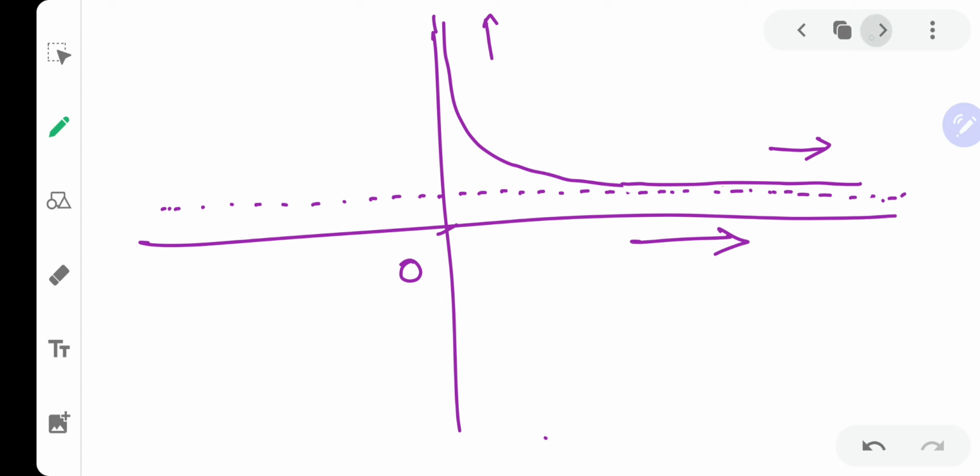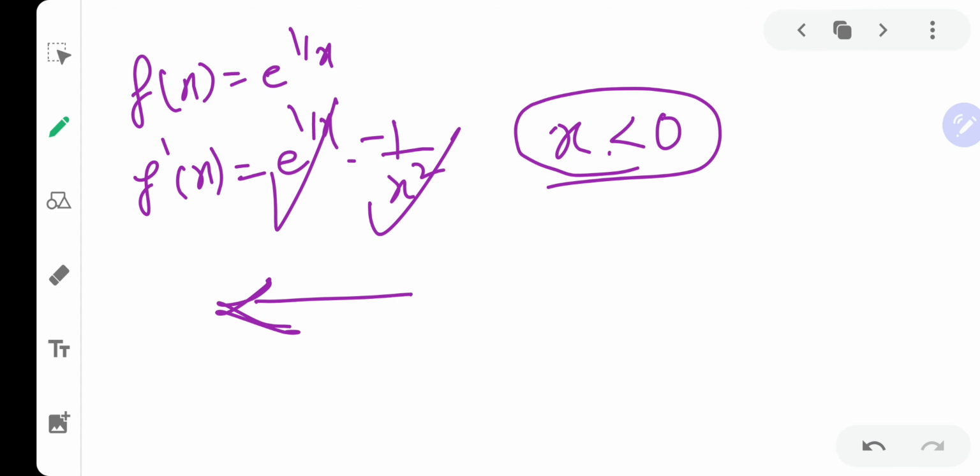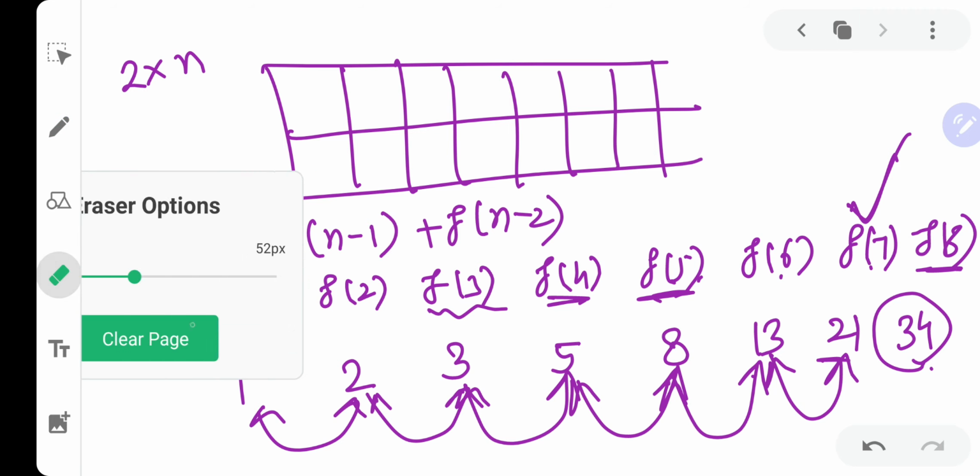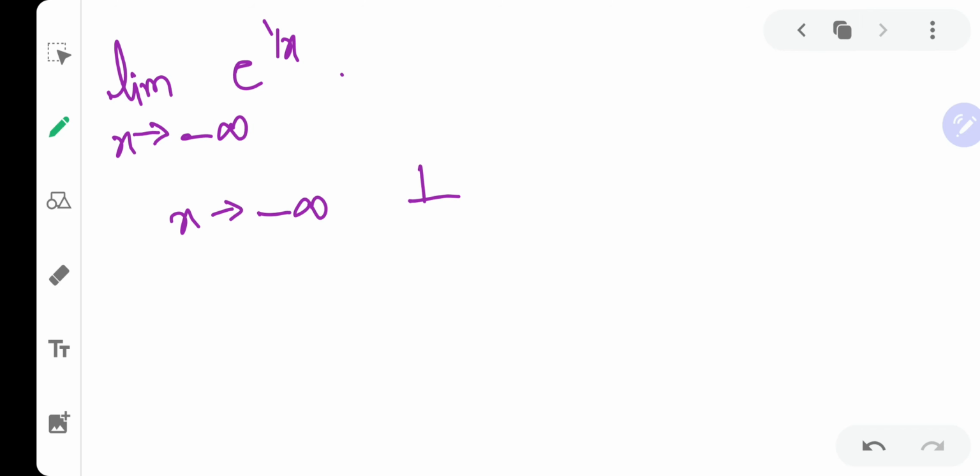So what will happen at minus infinity? That we need to understand. So let me say limit x tends to minus infinity e raised to 1 by x. As you can see, as x tends to minus infinity, 1 by x tends to 0, because 1 by minus infinity is 0, which will be e raised to 0, which is nothing but 1.